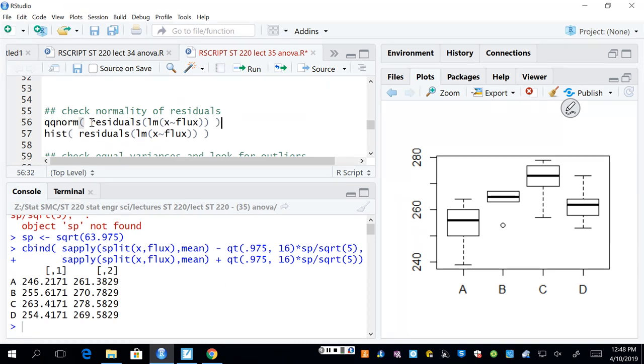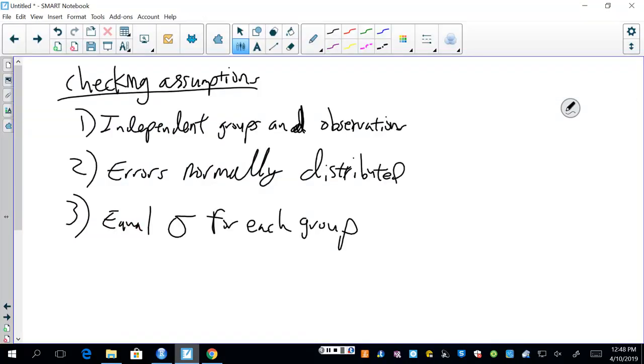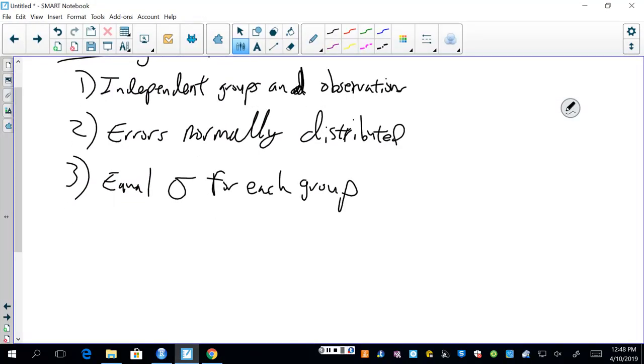So, the residuals, I guess I could say how we're going to estimate each of those. The residuals, these errors, are each observation minus its group mean, the difference between the best estimate of that average and the point.